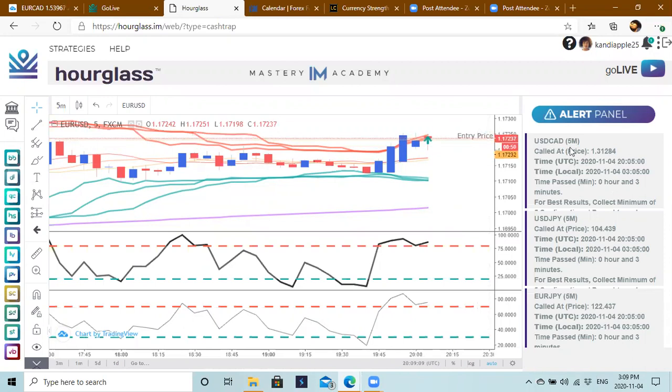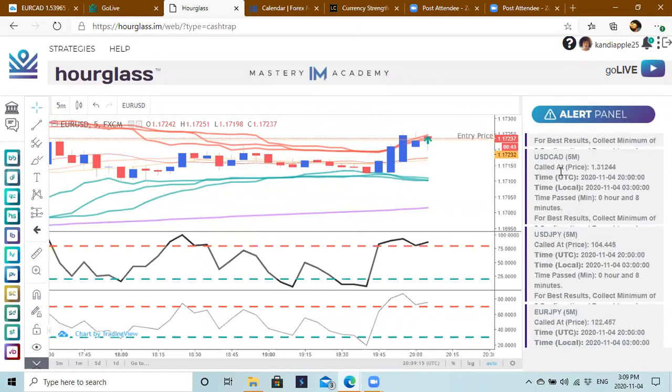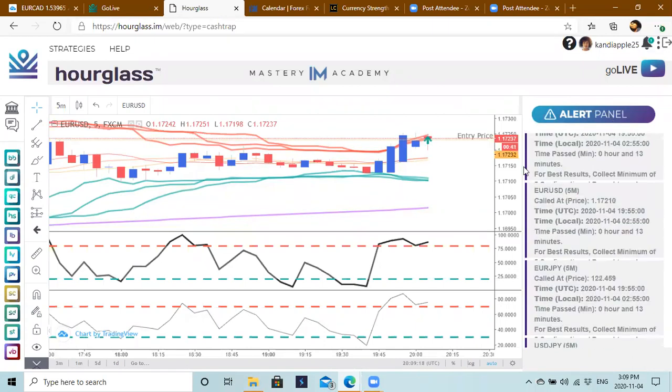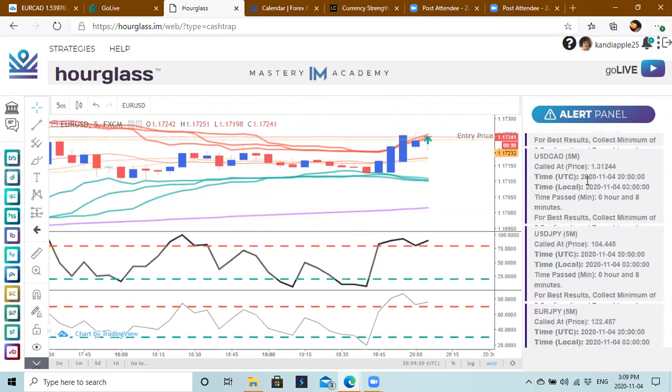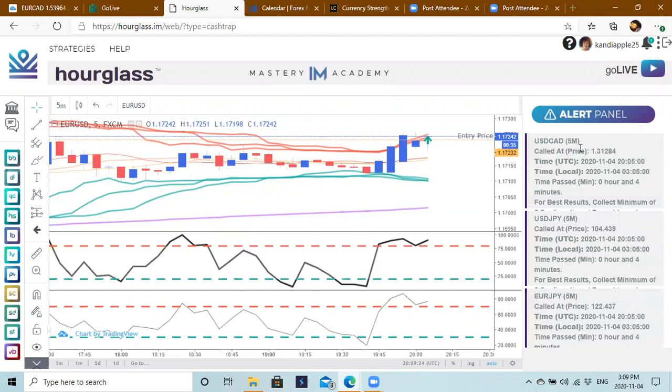The alert panel now. This alert panel right here shows us all our currency pairs that we're working with. Like I said, I believe there's only 5 or 6. If you guys see over to the right, USD CAD 5 minutes, it's telling us that this is a 5-minute candle. The price right now is 284 for USD CAD.